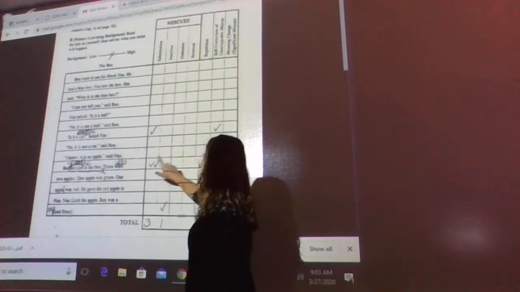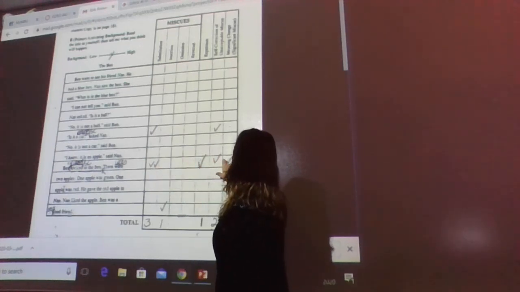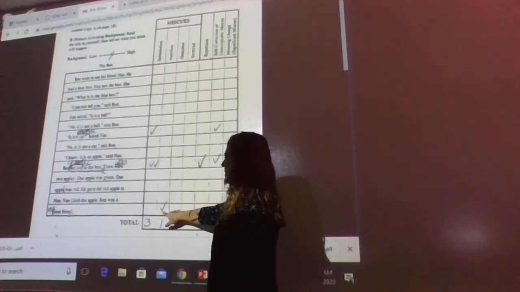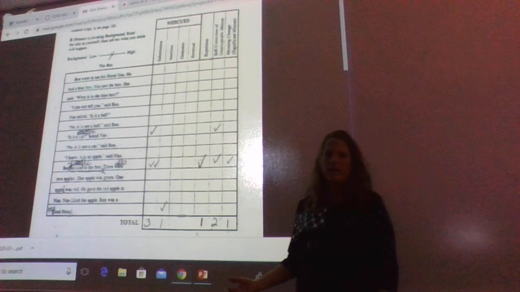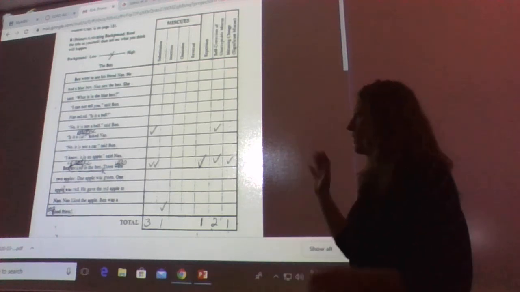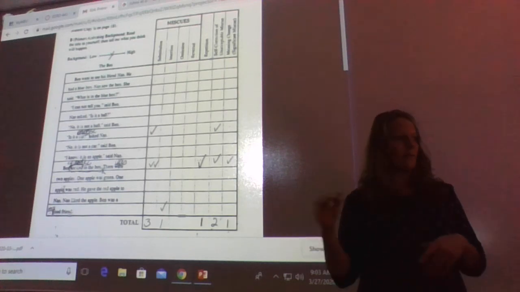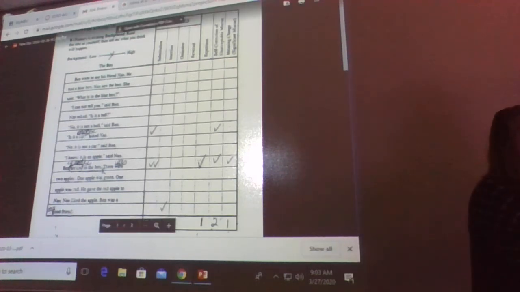And he said was for were, that was a meaning change because of the grammar. And he had 1 repetition there. And then down here, he had an omission, and a very good friend did not change the meaning. So we know how to do this part. We've already practiced this, but I want to show you how we're going to take this information and put it on this form here.